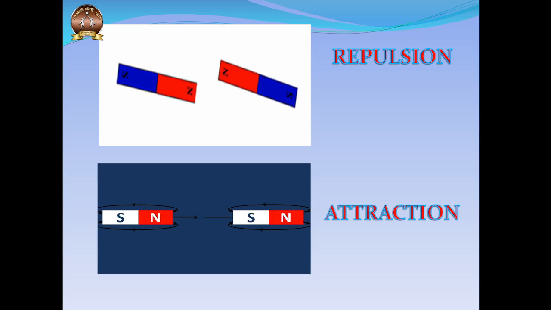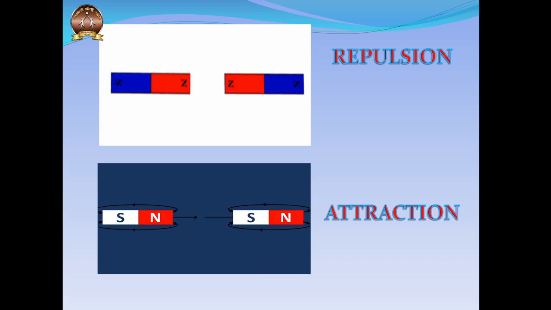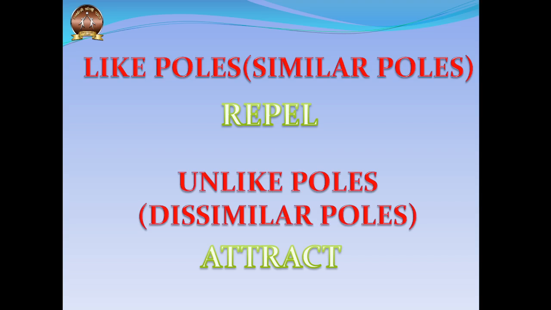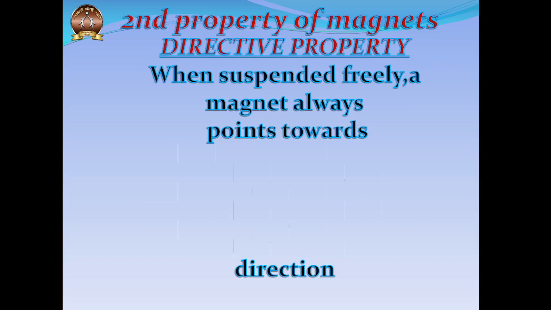So, depending on whether the like poles or the unlike poles are facing each other for two different magnets, magnets can either repel each other or attract each other. Like poles are similar poles and unlike poles are dissimilar poles.